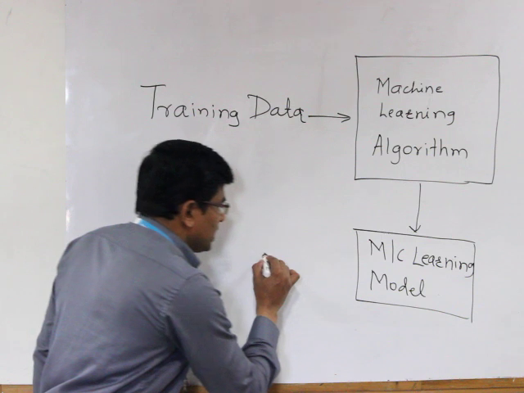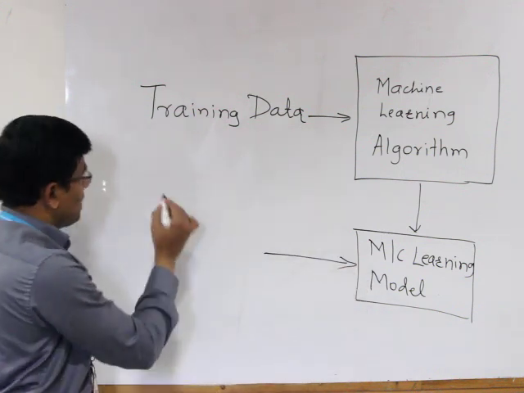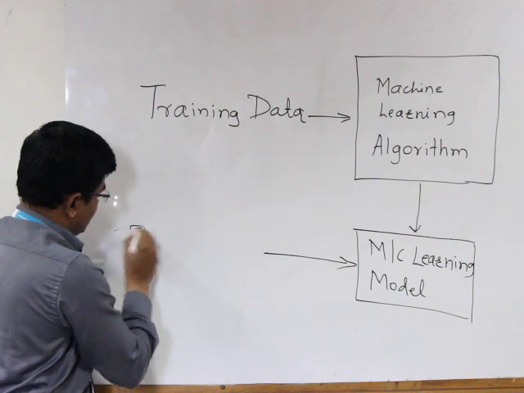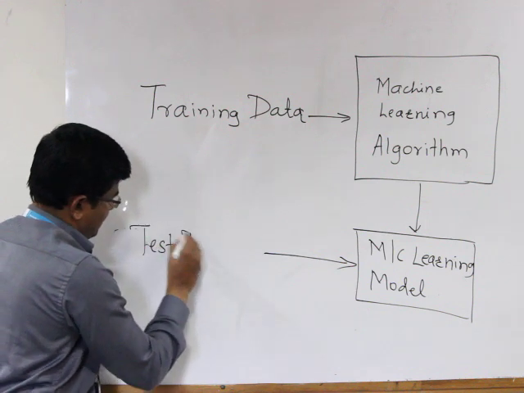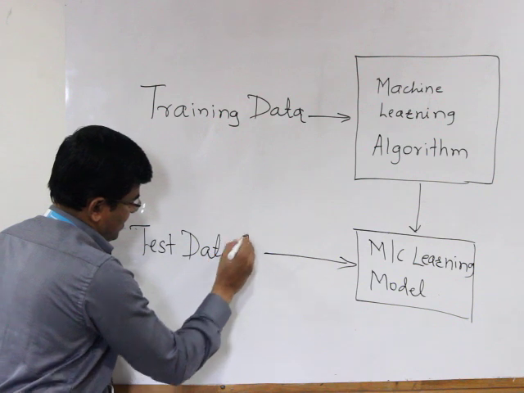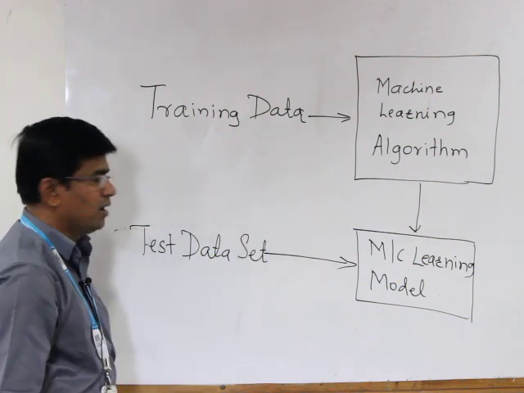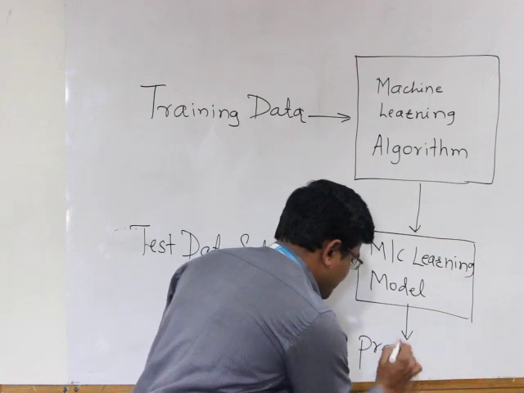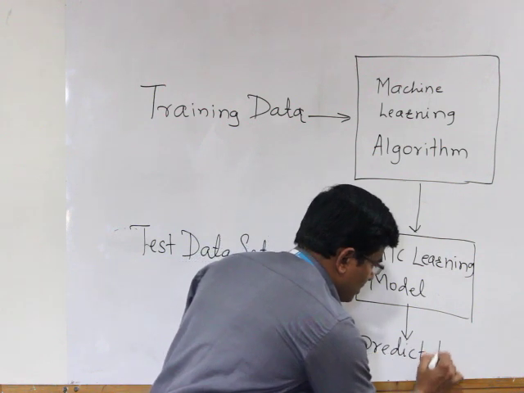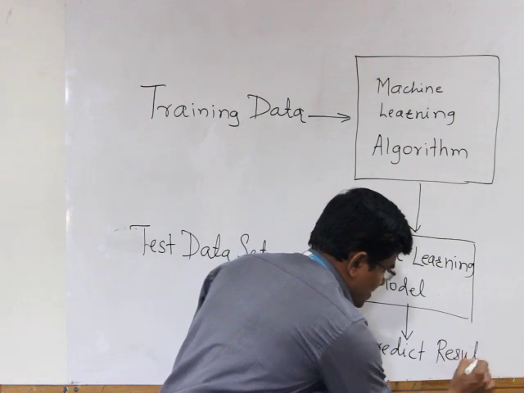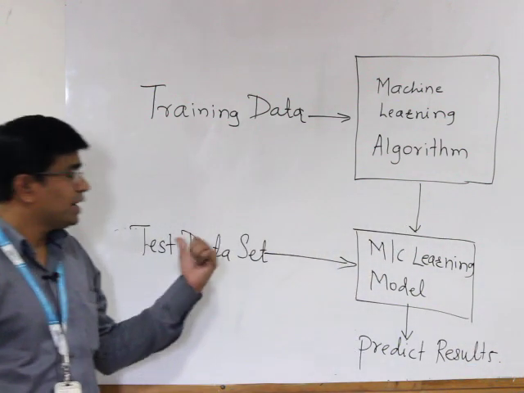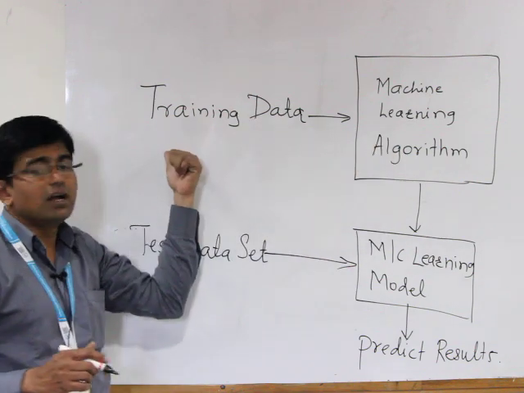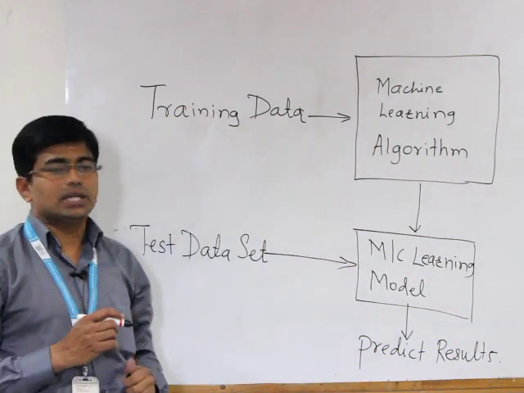We then apply the test data set to this machine learning model, and the model will predict the results on the test data set, which the algorithm has learned from the training data set.